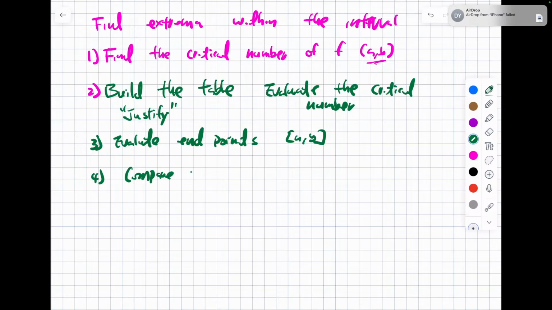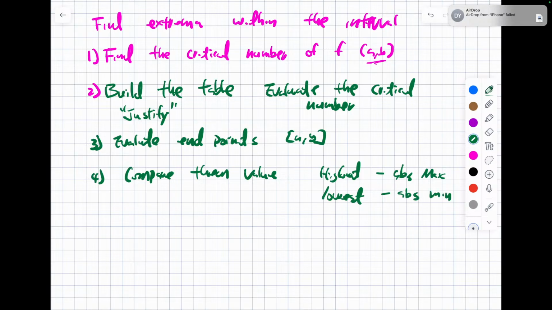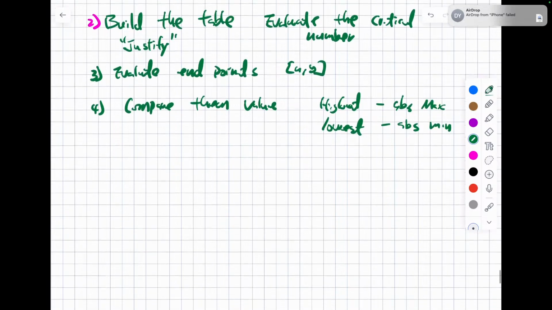You compare the values, right? So the highest is the absolute max, and the lowest is the absolute min. We're going to give you an example.